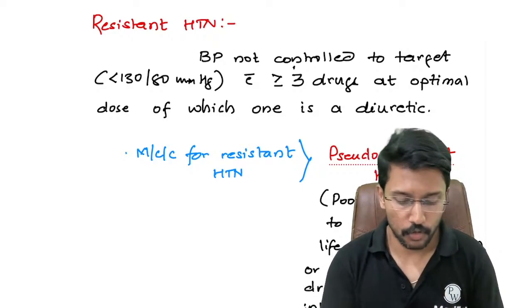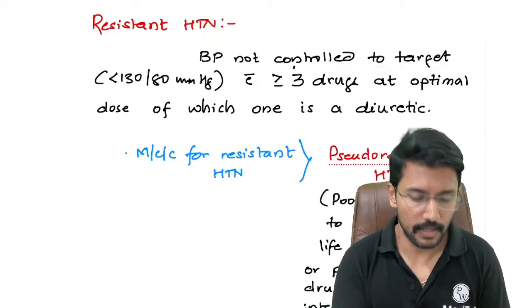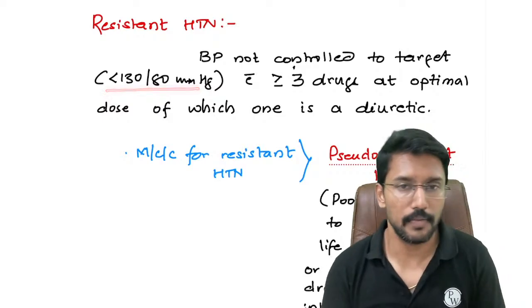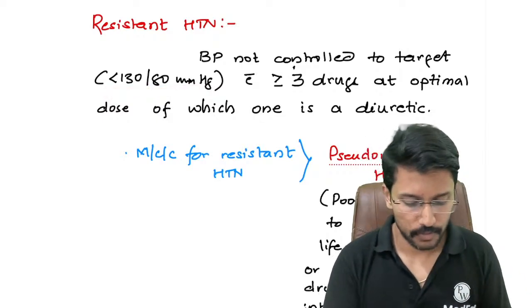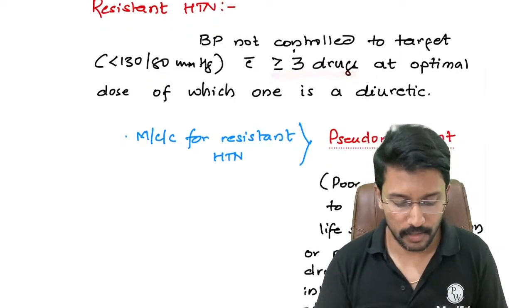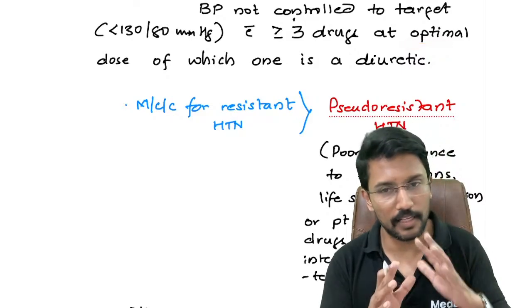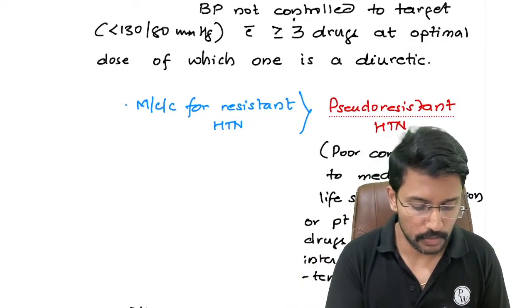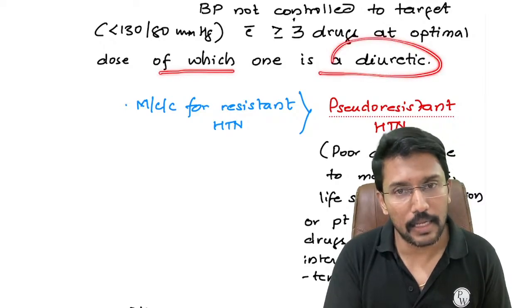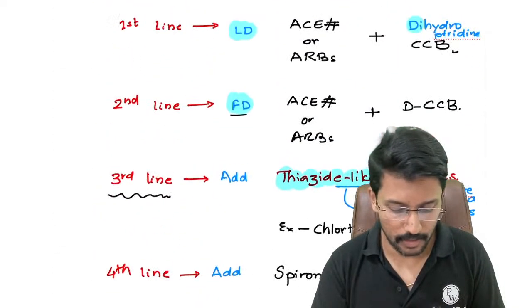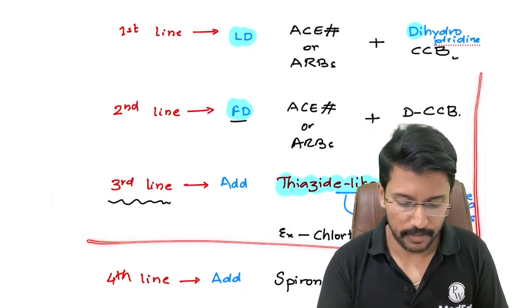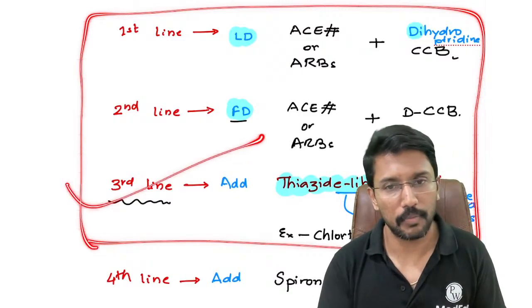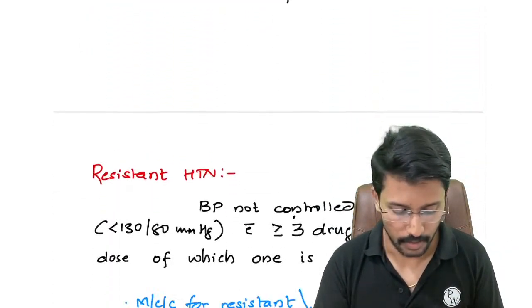When BP is not controlled to the target, currently defined as less than 130/80, with use of 3 or more drugs at optimal doses. When I say optimal, either full dose or the dose that the patient can tolerate, out of which one is a diuretic. So if you're following the current guideline, by the time we have completed the third line treatment, we have reached the stage of resistant hypertension.